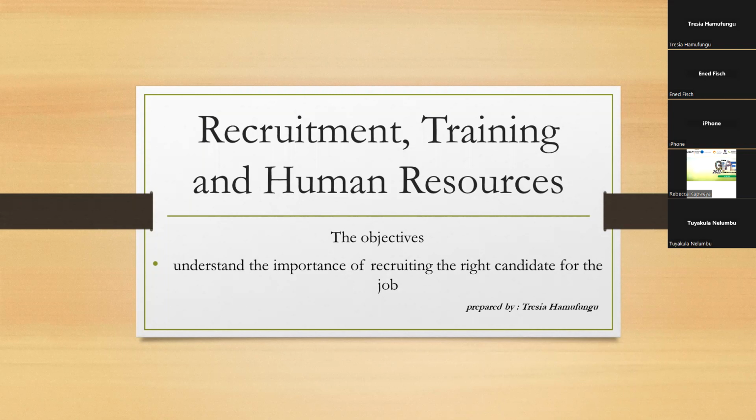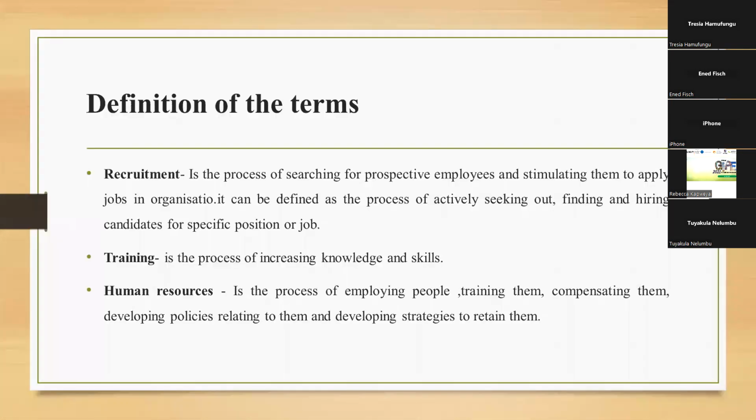Let's look at our topic for today, which is about recruitment, training, and human resources. Can someone please define for me what recruitment is?